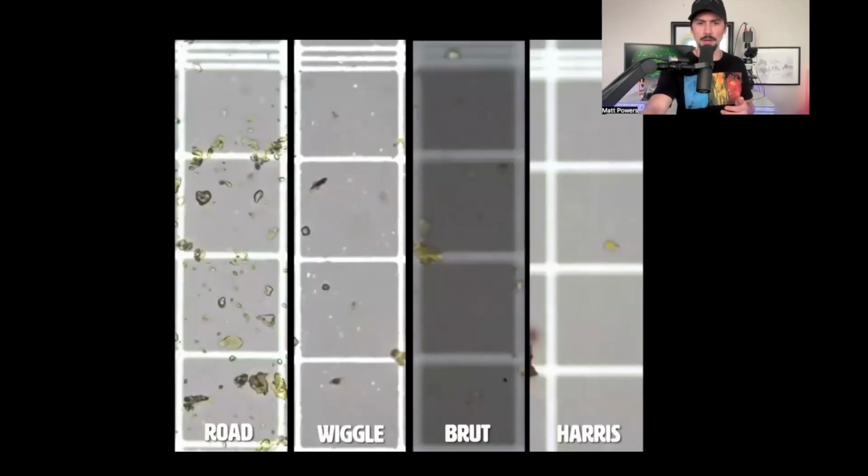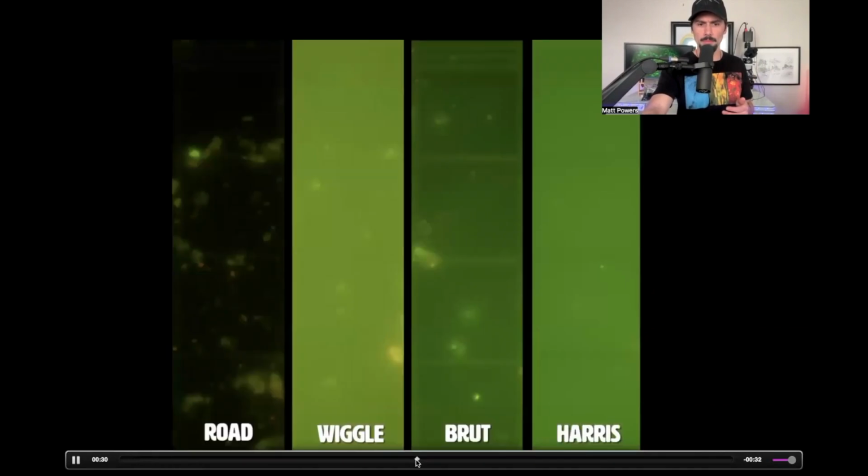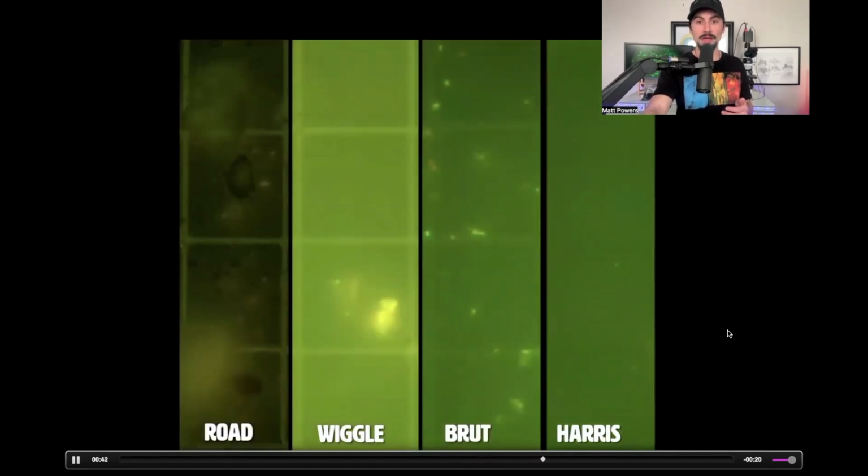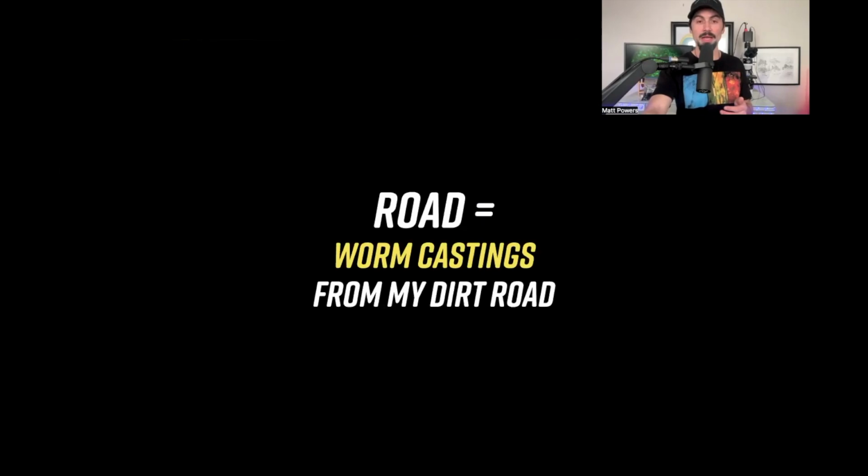You see this huge color difference. The road one on the far left is my example. The Brute has life in it, but Wiggle and Harris have much less life in it. The road is the worm castings from my dirt road. It's the guiding example.